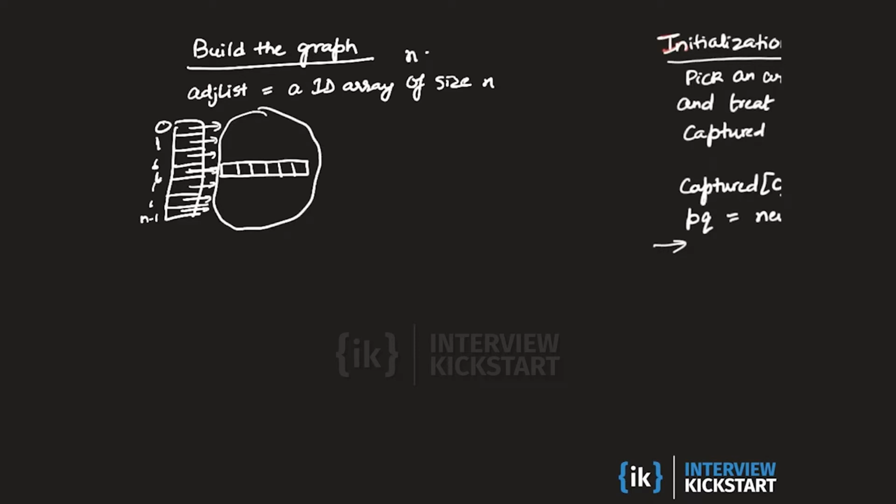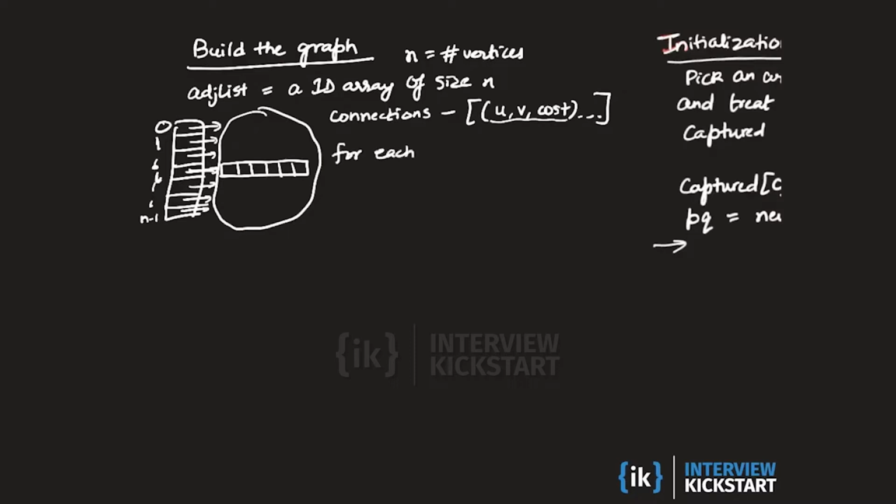We'll assume that n is the number of vertices as before, and we'll assume that our edges are given in an array called connections. So connections is going to be an array or a list of triplets of the form u, v, cost. Right, so these are undirected edges, and when we see an edge u, v, cost, what do we do?